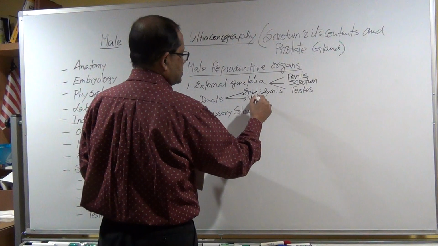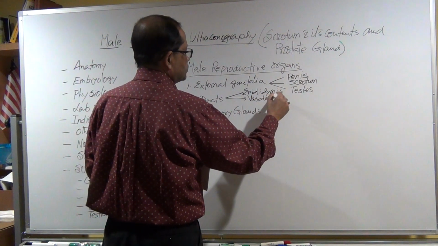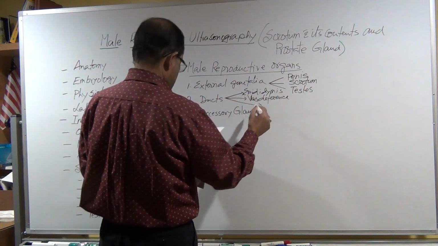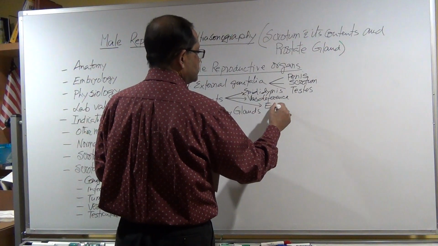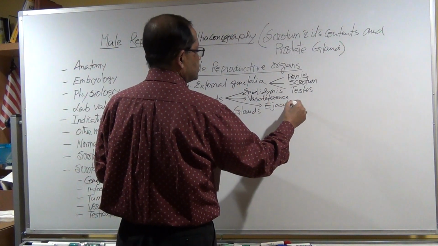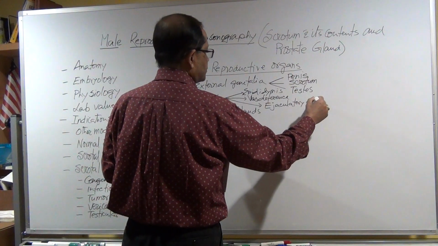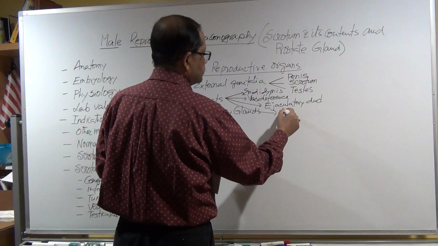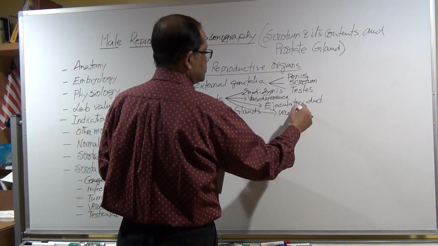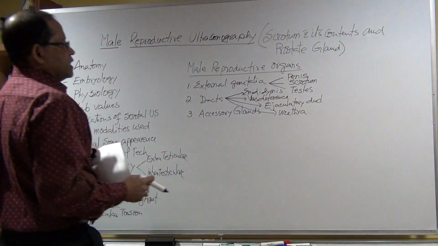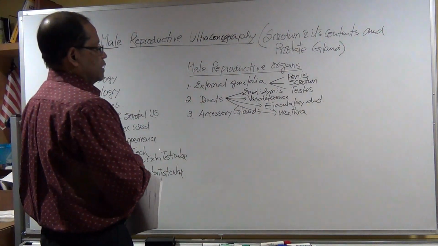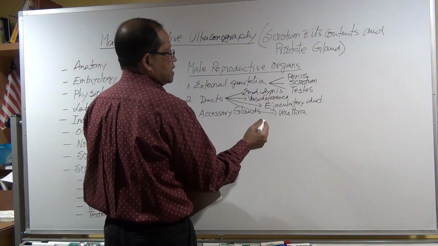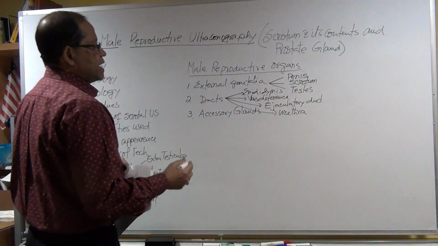Okay, write down vas deferens. Another is the ejaculatory duct, and the last one is the urethra. So there are 4 ducts in the male reproductive system: epididymis, vas deferens, ejaculatory duct, and the urethra.